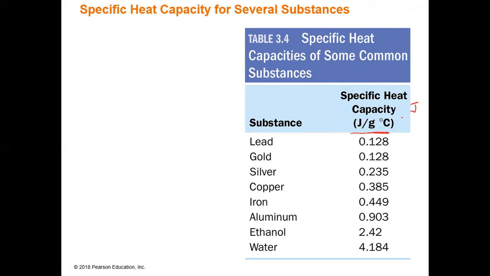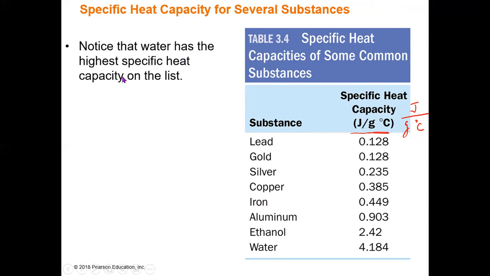You can write it clearly like this: joule per gram per Celsius. So these two units are in the denominator, and the joule is the only one in the numerator. We have lead, gold, and so on, with those numbers.